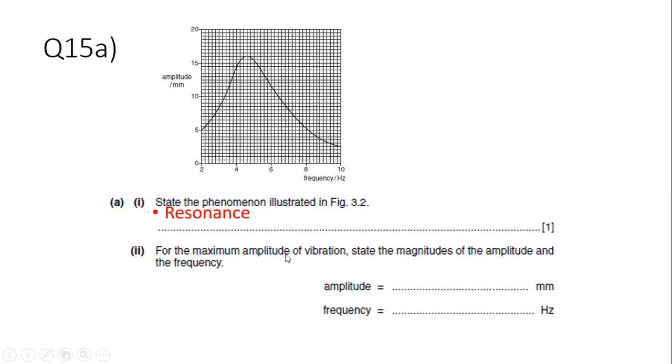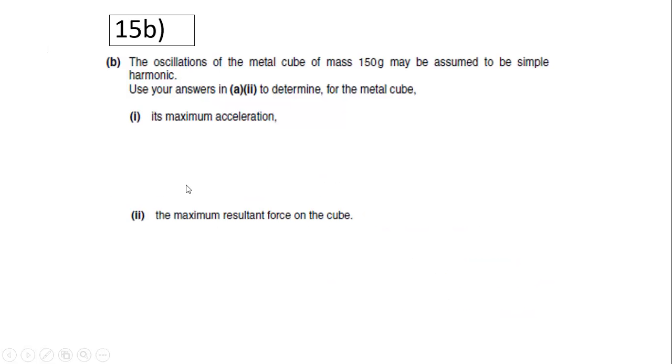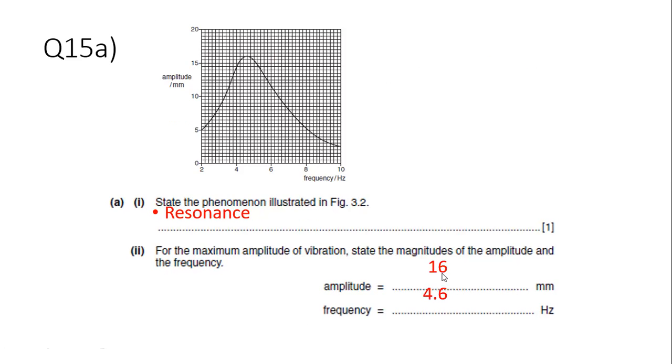They ask you the maximum amplitude, and the maximum amplitude is here. 60 millimeter. Resonant frequency is here, where you have maximum amplitude. Just use the line to draw it. 4.6, and use a line to draw it down there.